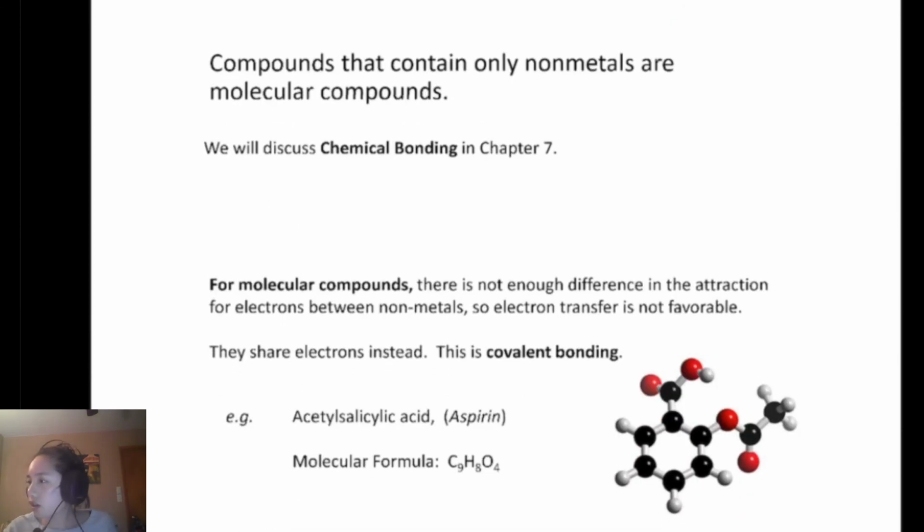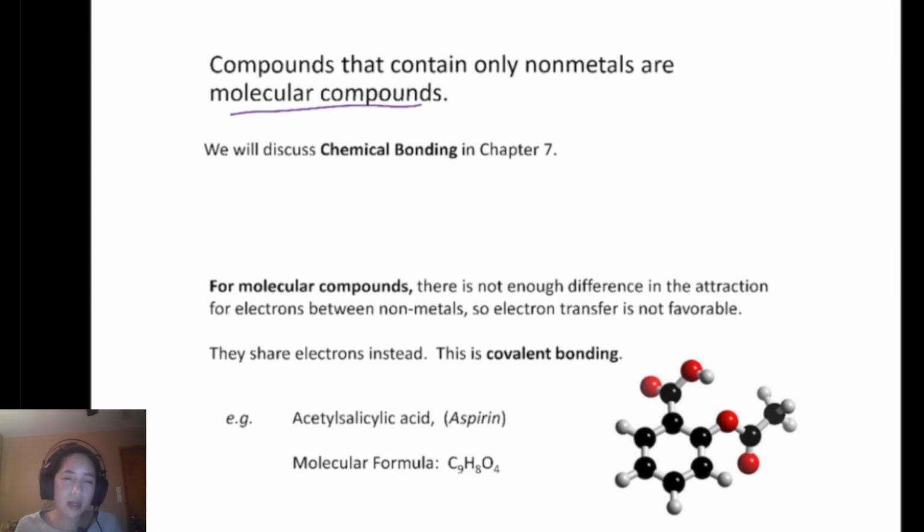All right. So we talked about compounds of metals. When you combine a metal and a nonmetal, you get an ionic compound. If you make a compound that only contains nonmetals, you produce a molecular compound. We kind of already knew that from our naming conventions.